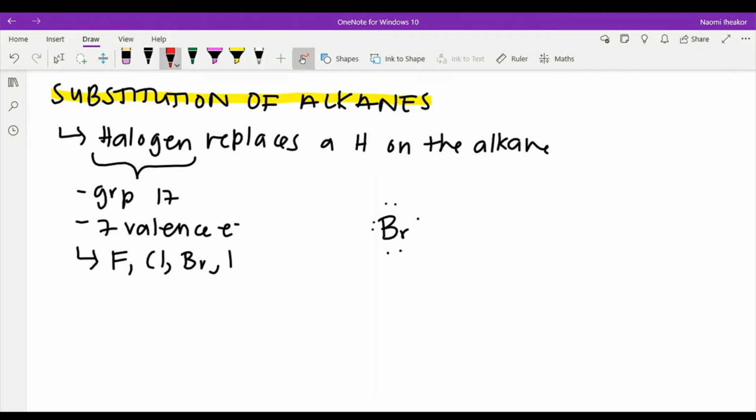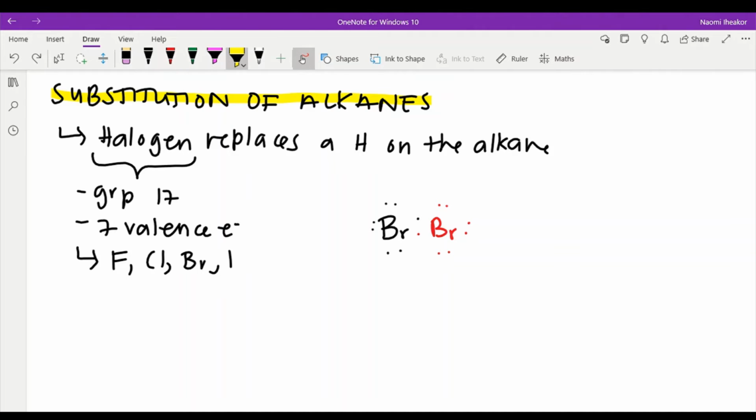So what bromine will do is pair up with another bromine, which also has 7 outer electrons. 1, 2, 3, 4, 5, 6, 7. And that way they're both satisfied because they share these electrons in order to complete their valency. And so this is the case for most halogens. They exist diatomically for this very reason, because they all have 7 valence electrons.